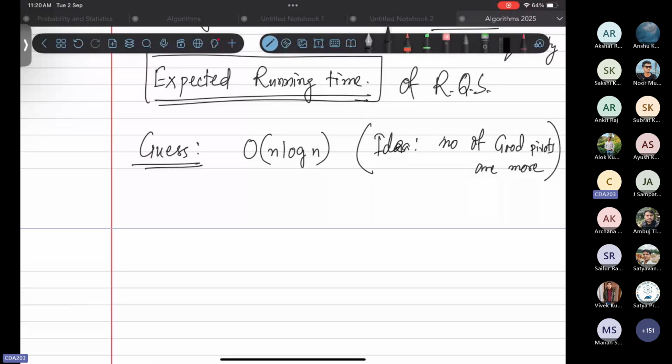You can work with something close to the median, then also you'll end up in n log n time, right? And those types of elements are more. That's why we're choosing the pivot element at random, and those random elements are most likely to give me a good partition.